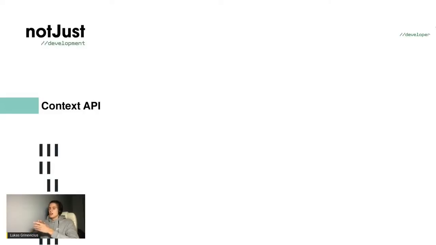Context API, as I explained at the start, is something that helps you manage data throughout your whole application. So you can manage your data in one file, but access it from anywhere in the app and change it from anywhere in the app.